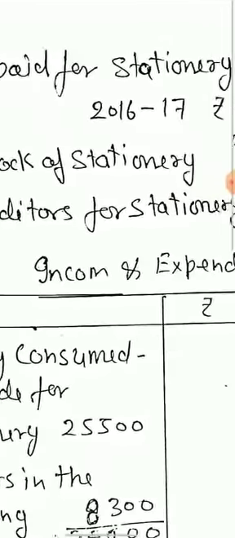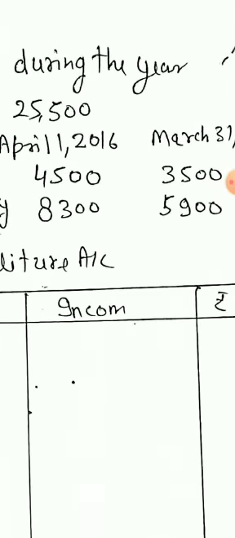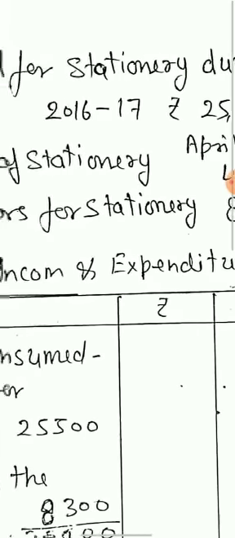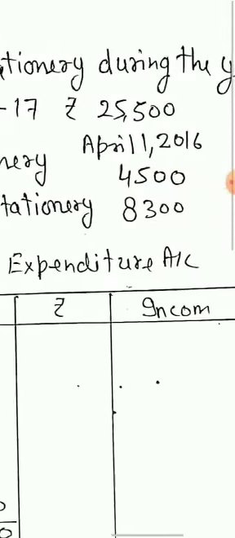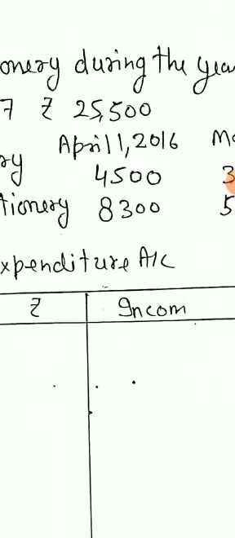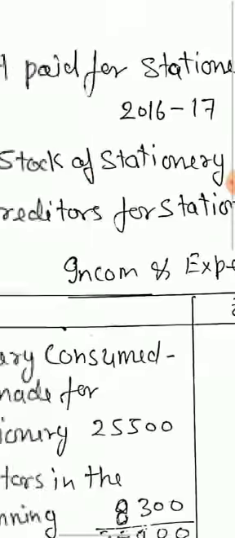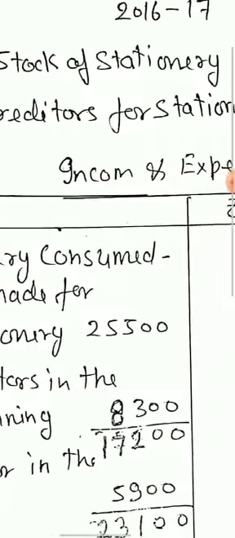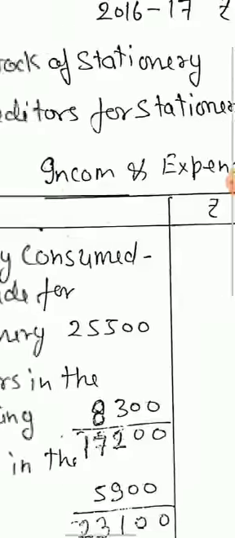Stock of stationery April 16 is 4,500, March 17 is 3,500. Creditors for stationery 8,300 opening, 5,900 closing. Now see how to present consumable goods in the income and expenditure account.